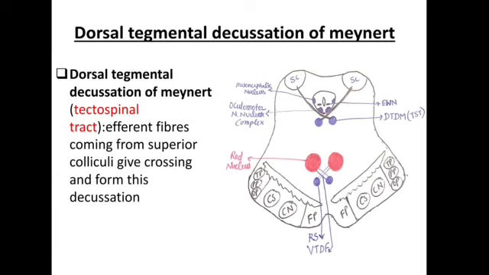Next structure which will be present at the level of superior colliculus is dorsal tegmental decussation of Meynert, also called tectospinal tract.